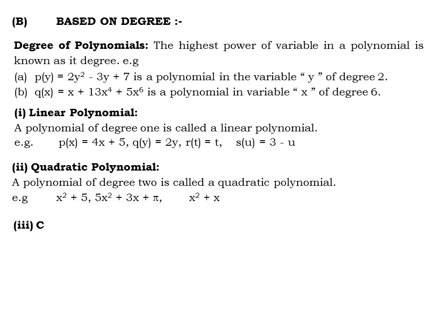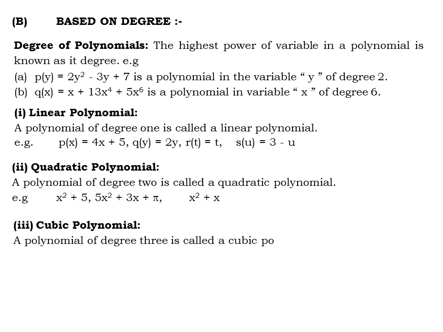The third one, cubic polynomial. A polynomial of degree 3 is called a cubic polynomial. Examples are 4x square minus 3x cube plus 1, 5x cube plus x square, 3x cube plus 4x square plus 6x plus 7.